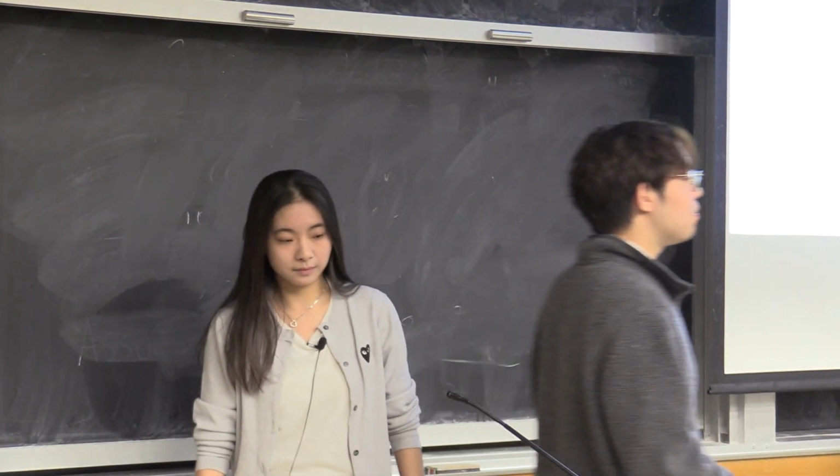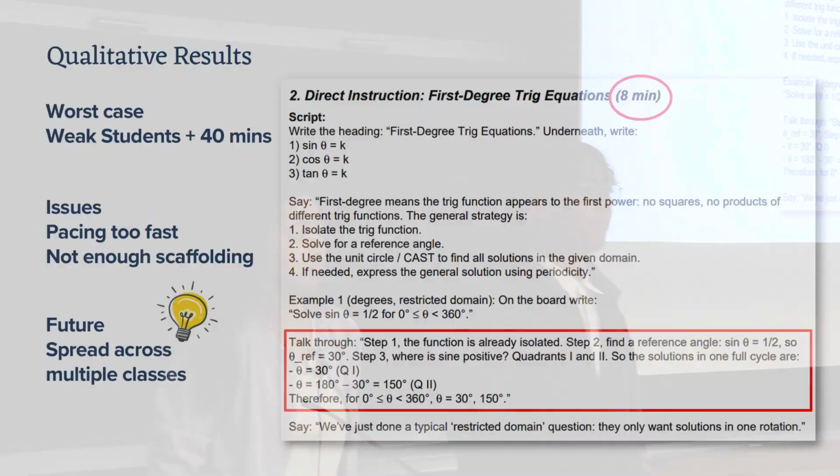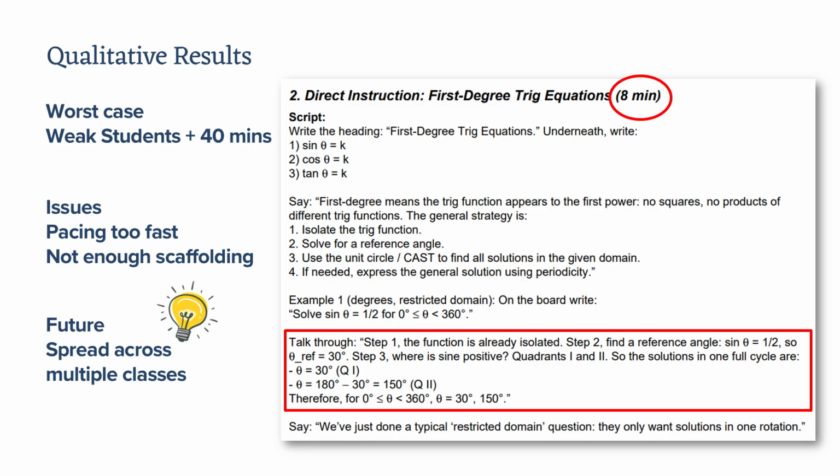Even though our system achieved an overall strong performance, we did notice one issue. For 40-minute lessons aimed at weak students, we found that the system often tries to cover too many learning outcomes at once. The pacing becomes too fast, and there isn't enough time to explain the ideas in smaller steps.